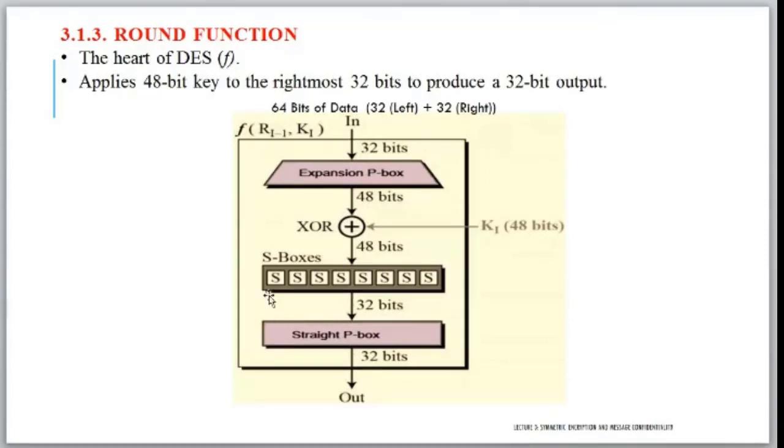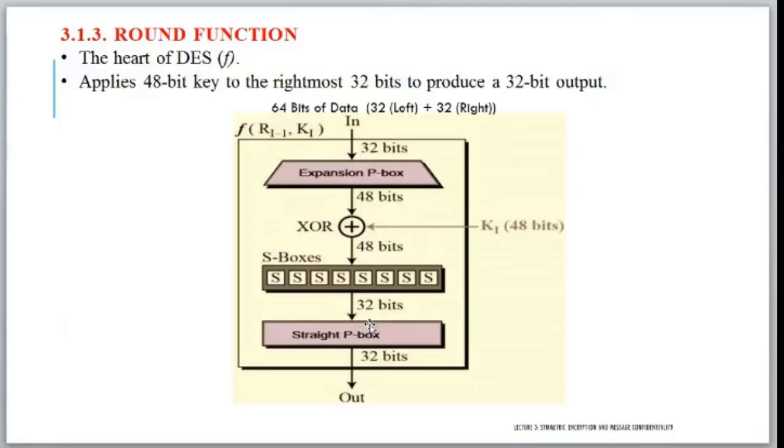Each S box takes 6 bits of input and reduces those 6 bits into 4 bits. So the S box is going to reduce the number of bits, and finally I get 32 bits.